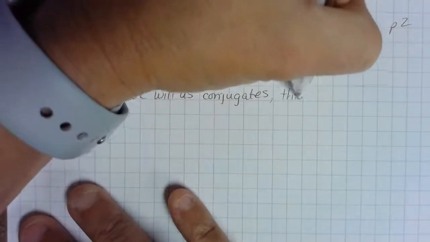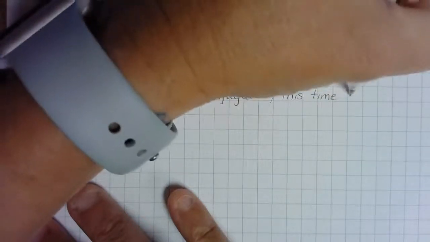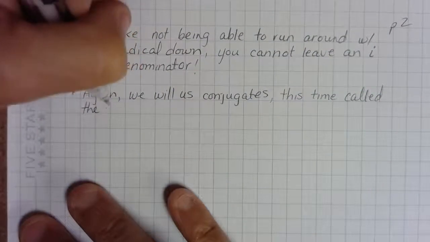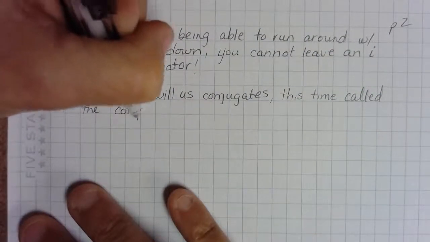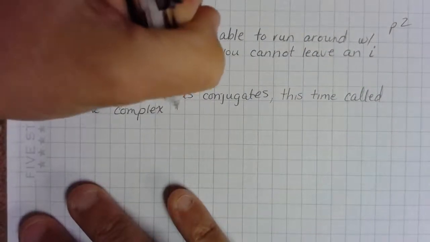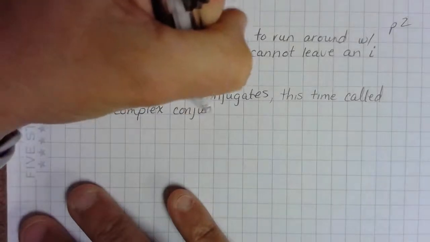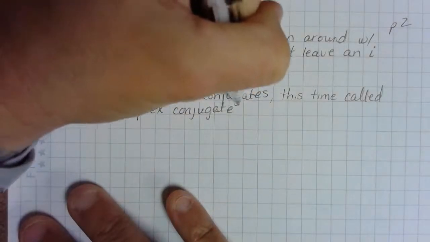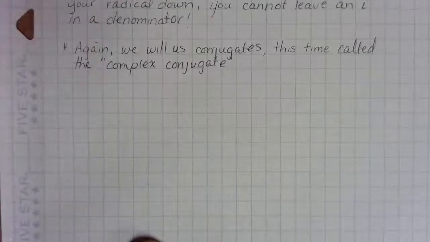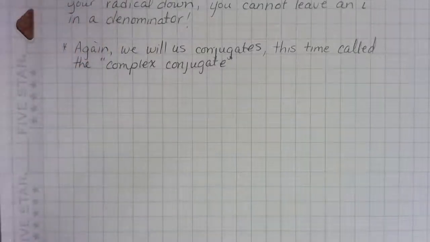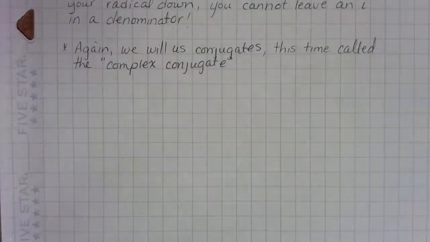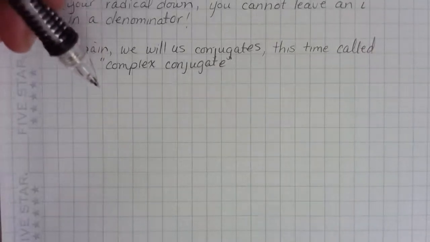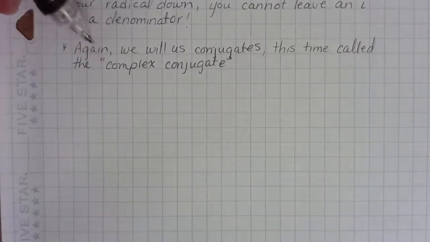This time it's called the complex conjugate. So basically, you can't run around with not only your radical down, but your i down either. So let's just do a couple of evens here to dive in.